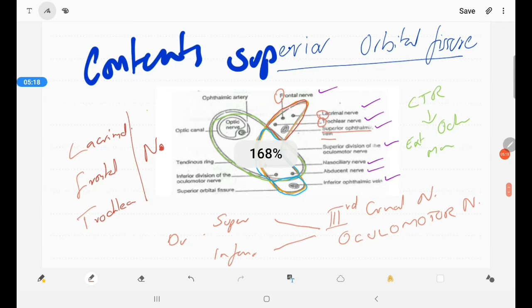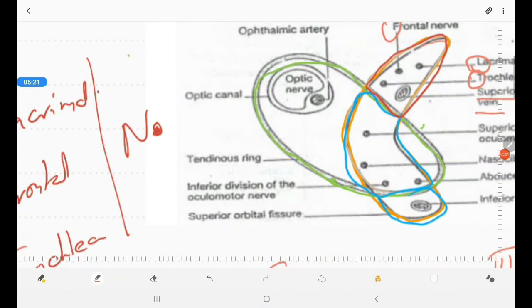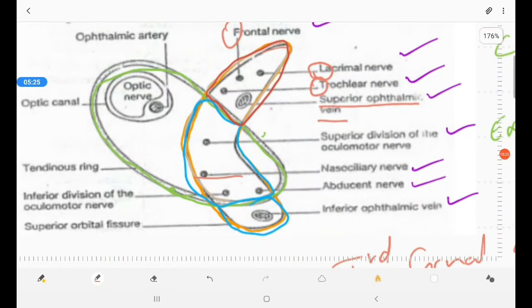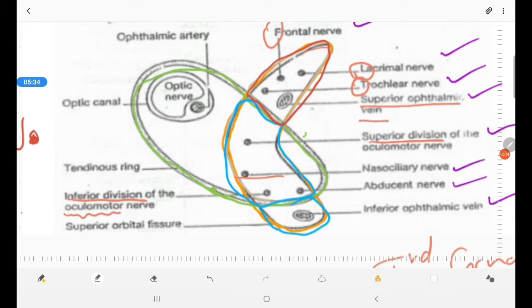So if you watch closely, you can find that this central part is formed by the superior division and the inferior division of the oculomotor nerve. This is the most important structure passing through the central part: the inferior and the superior divisions of the oculomotor nerve.